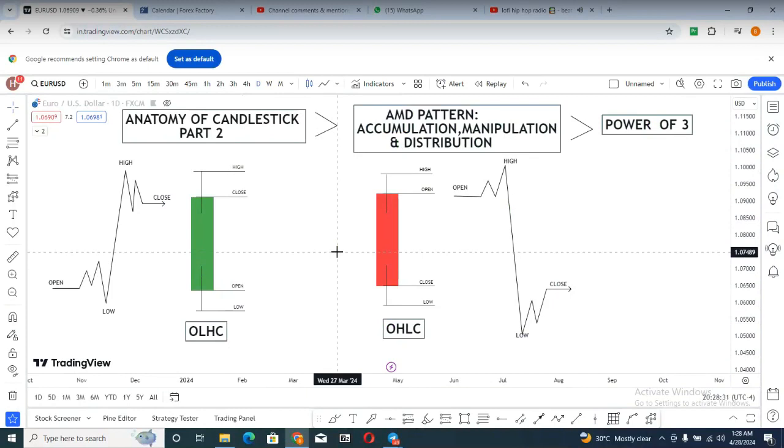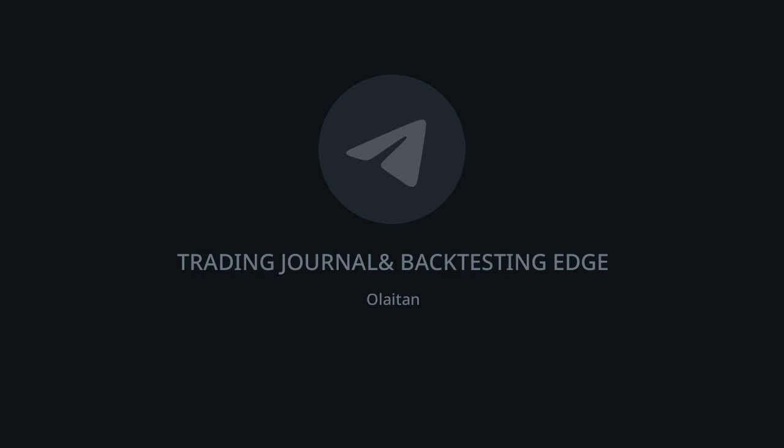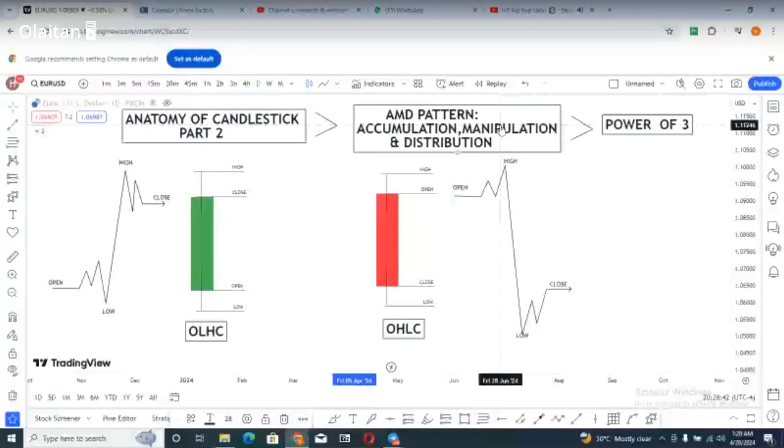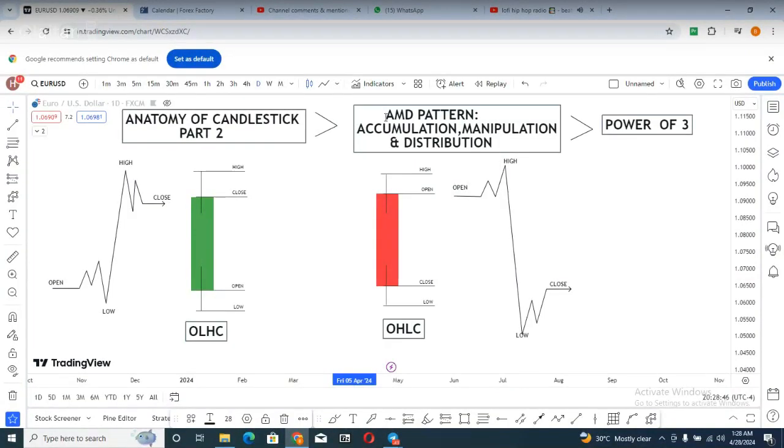I'll be talking on anatomy of candlestick part two, which is also known as the AMD pattern, and also the power of three. You'll get familiarized with all these analogies and theories.